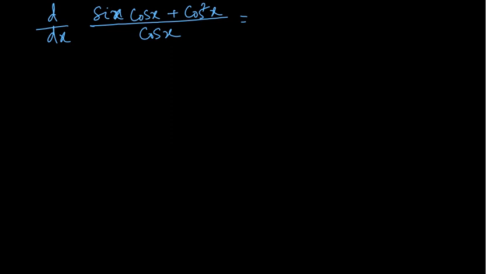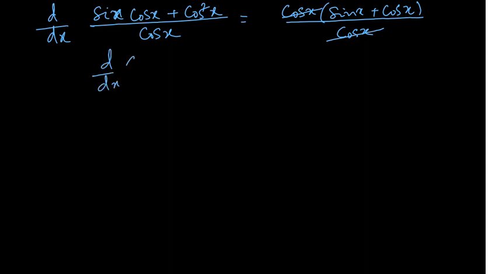See what I'll do. I take cos x common from the top. Then I get sin x plus cos x, divided by cos x. Then you just have to differentiate sin x plus cos x. Then you will have cos x minus sin x.